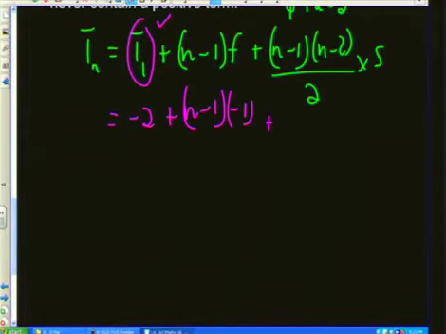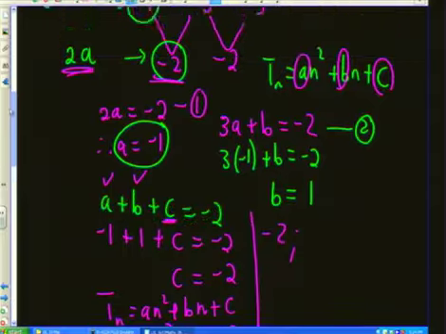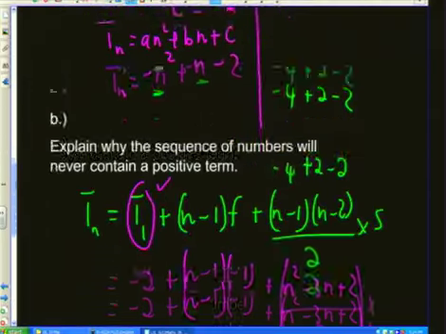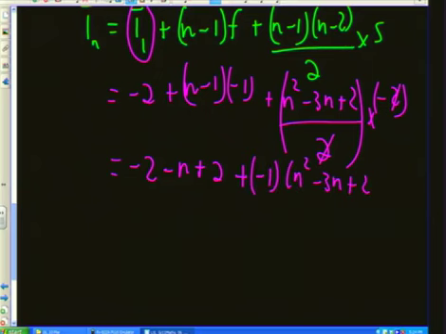Then you get (n minus 1)(n minus 2), which gives us n squared minus 3n plus 2, all divided by 2, times your S. The S is your second difference, which is minus 2. Then you simplify, so you get minus 2 minus n plus 2 plus, now this will give you a minus 1 here, bracket n squared minus 3n plus 2, which is now minus n squared plus 3n minus 2.